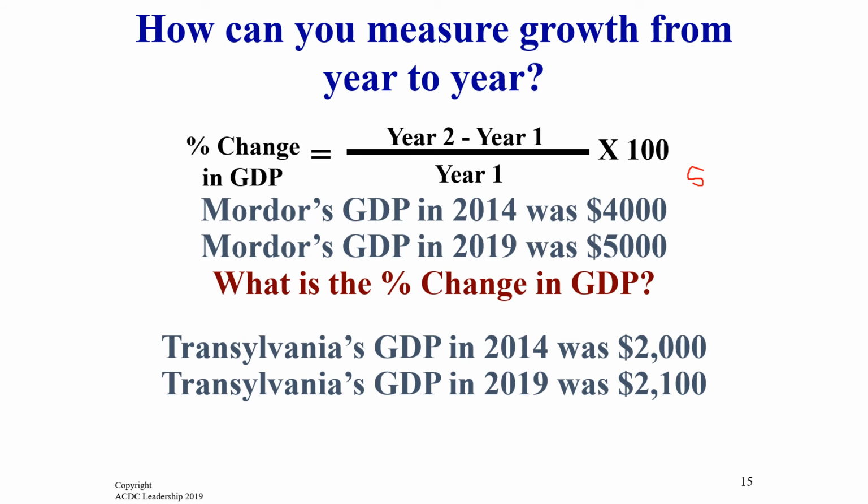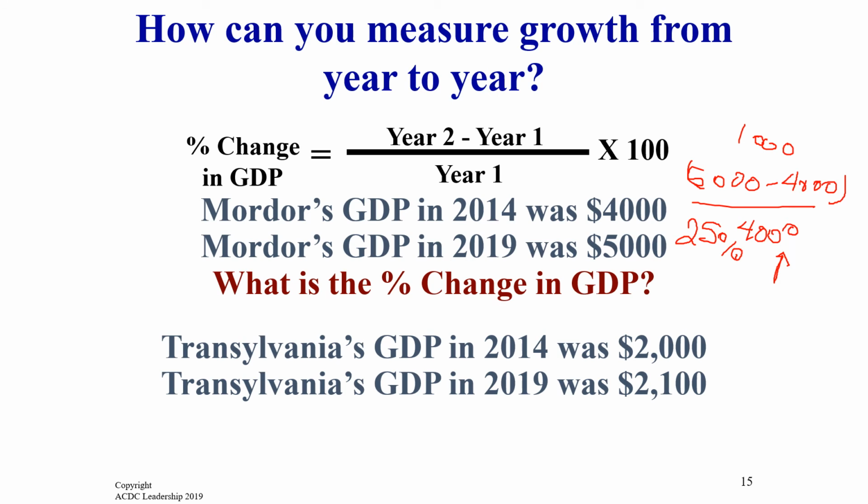It's 5,000 minus 4,000 over 4,000. And this gives us 1,000 over 4,000, which is 25%. Now it's a 25% increase, right? That's a positive number.